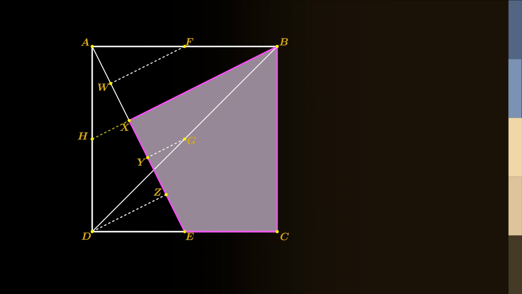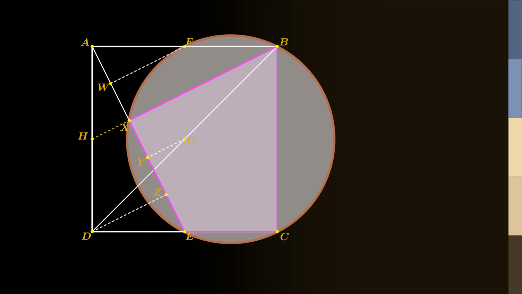As a bonus, there's still some nice stuff to be said of this construction. First of all, because the opposing angles in the quadrilateral are supplementary, which means the sum is 180 degrees, we know that the quadrilateral is inscribed in a circle.